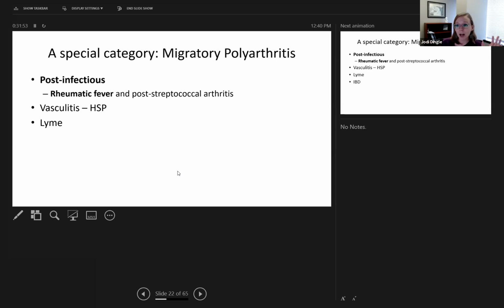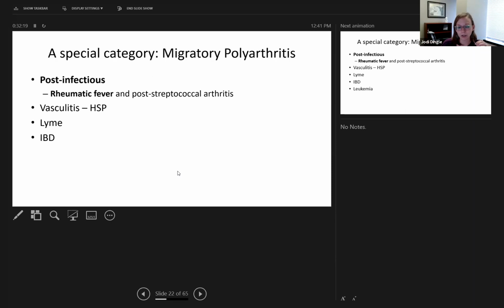Again, not common around here, but if you have somebody who just moved from Connecticut and they say, I had knee pain for a couple months and it was swollen and then it went away and then my other knee swelled up for a couple months. This tends to be a longer time course of migration than the rheumatic fever category.